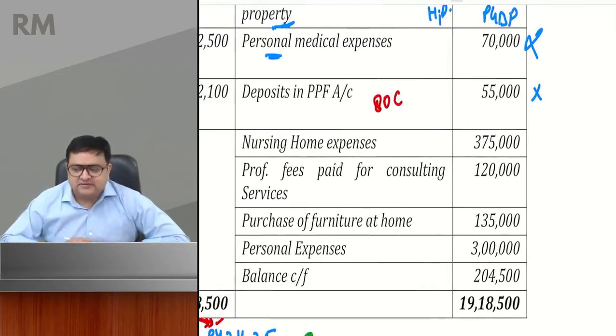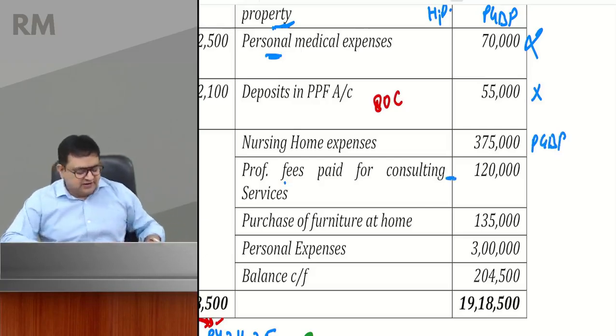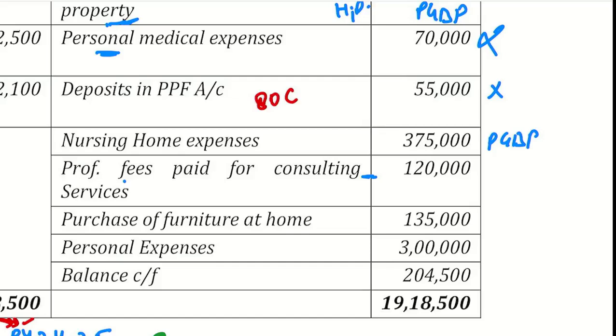Nursing home expenses, it's a PGBP expense. That is okay. Professional fees paid for consulting services 120. What do you think about it?